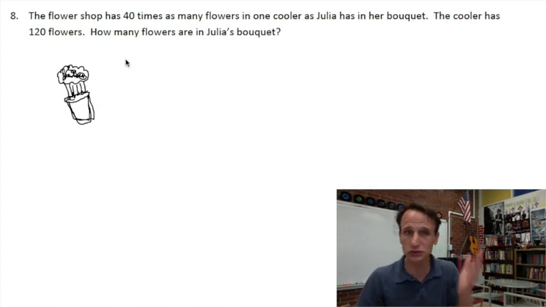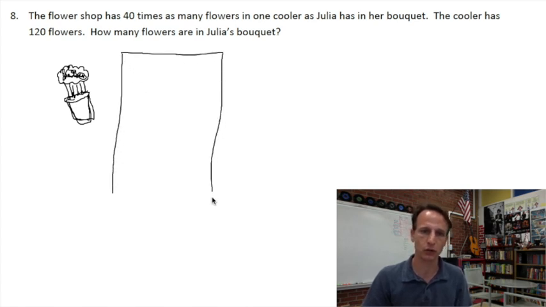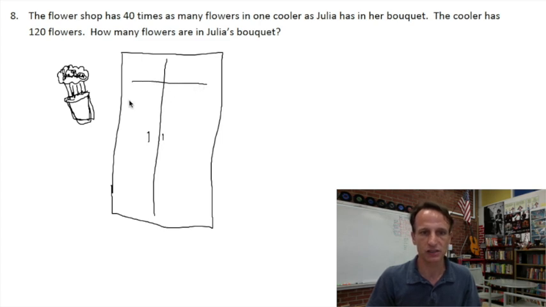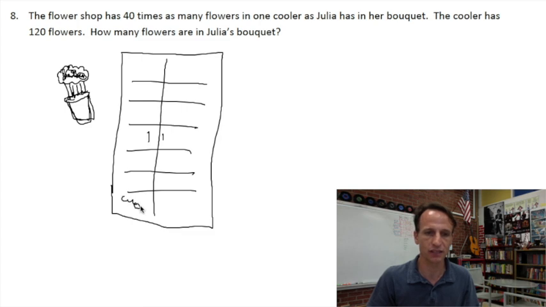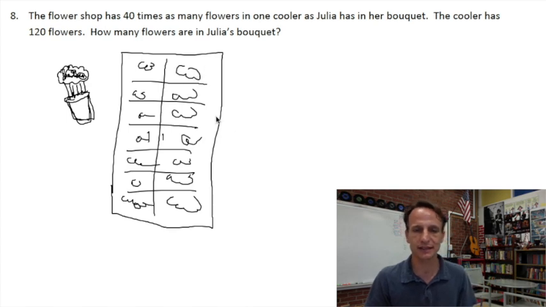And now think about the cooler. The cooler is a big piece of refrigerated furniture with a door with handles, and there are glass shelves, and on all of these shelves there are many, many flowers. I'm doing this drawing to show you got to think things out.